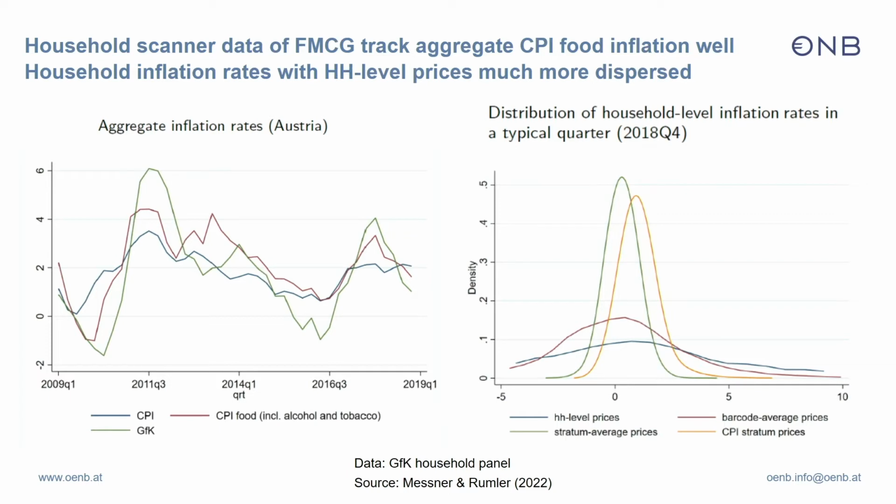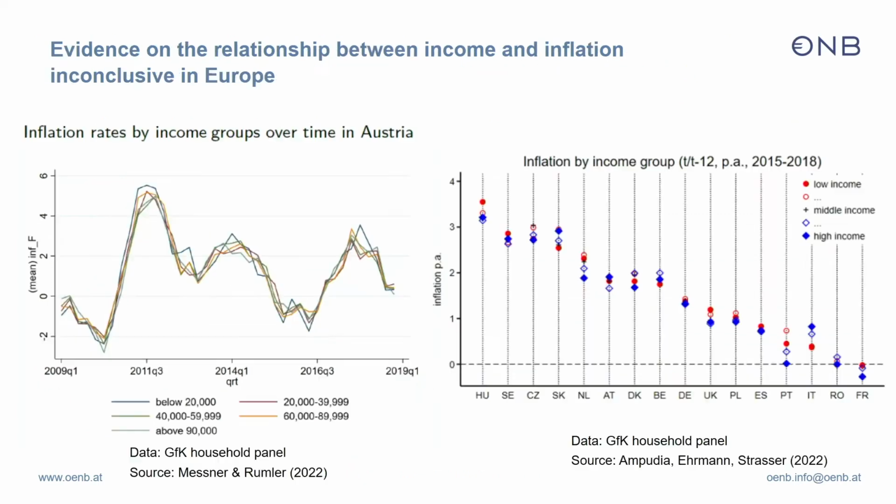The conventional literature on this inflation heterogeneity does not consider household scanner data and uses aggregate data from CPI statistics, assuming that all households nationally pay the same price. That is the very narrow distribution that you see here, the green and the orange line. So the degree of heterogeneity you get with the household scanner data is much, much bigger than you would get without using this data in the rest of the literature. So this is already one claim I want to make: heterogeneity is much bigger if you really consider the prices that households pay.